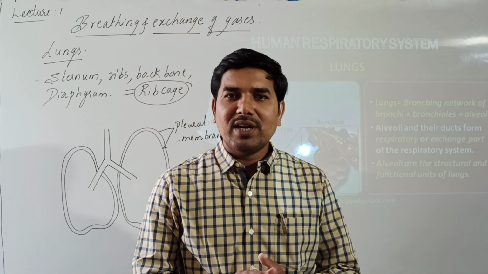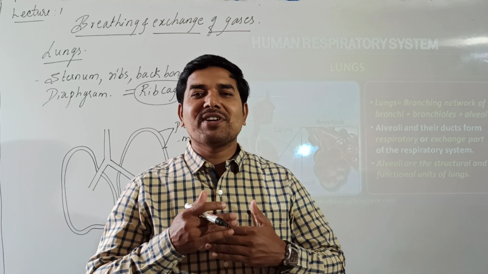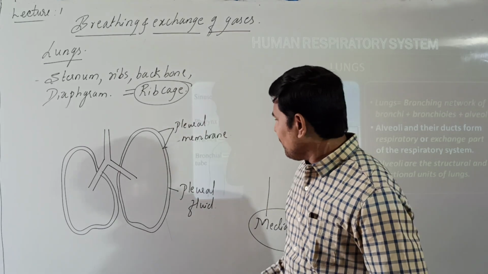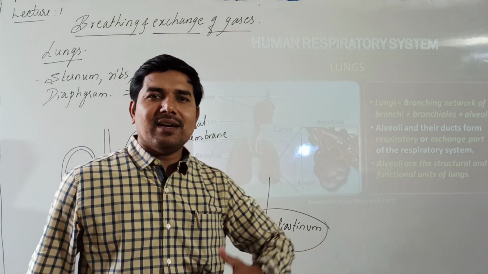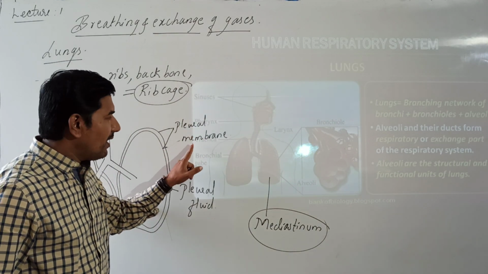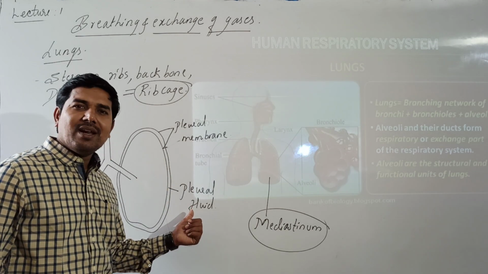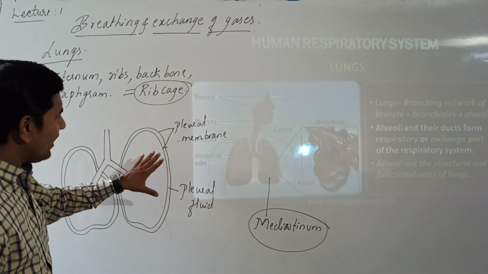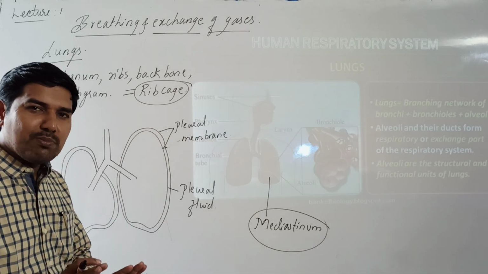This pleural fluid acts like a shock absorber. It helps in frictionless movement of the lungs. Here we have two membranes, the outer one and the inner visceral pleura. Both together we call the pleural membrane. In between these two membranes there is a fluid called the pleural fluid. This is most important.